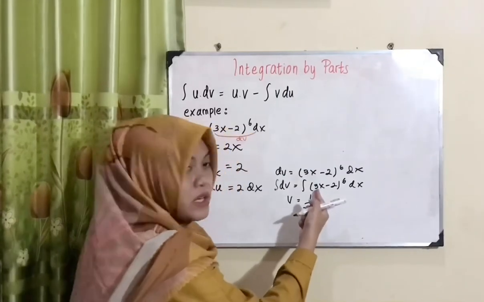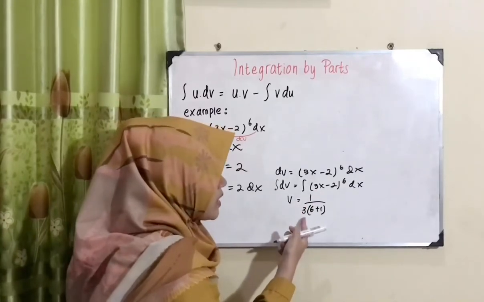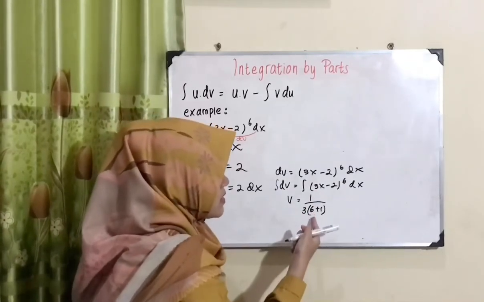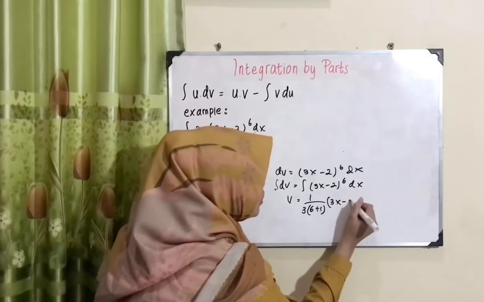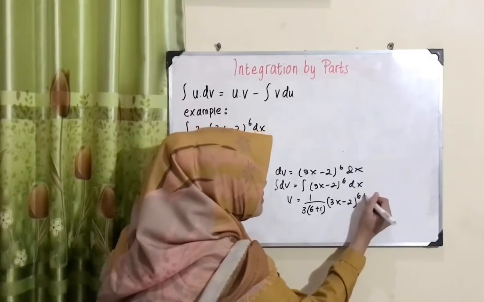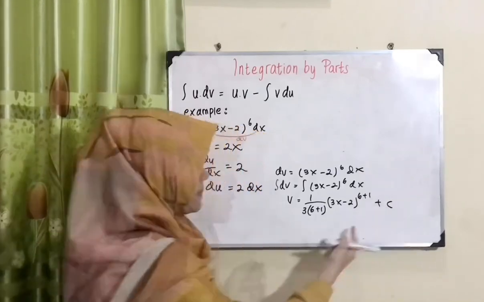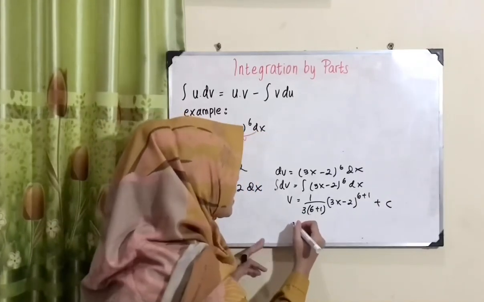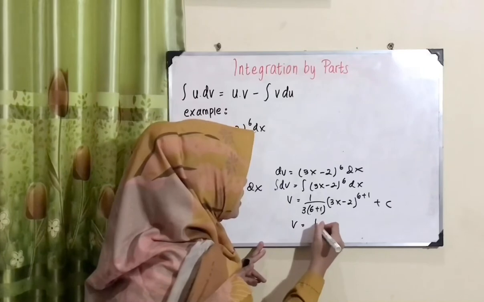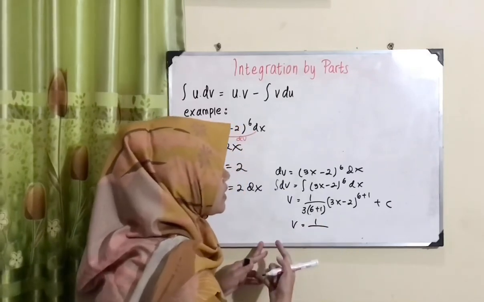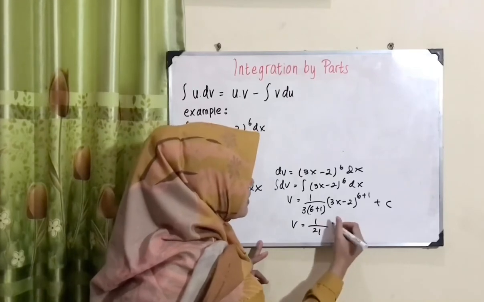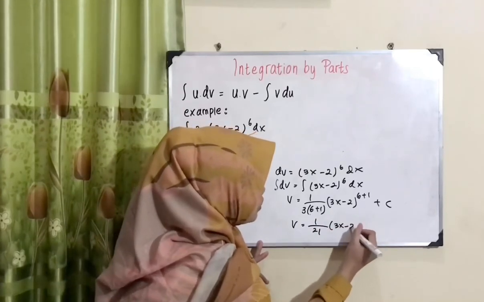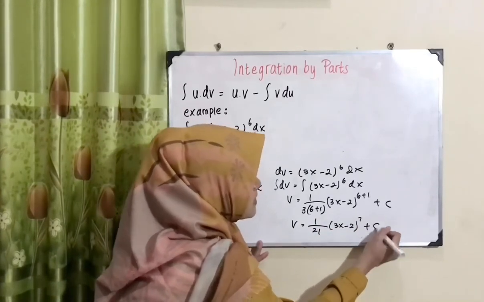This coefficient is 3, you can write it here, and then n is 6 plus 1, times (3x minus 2) to the power of 6 plus 1 plus c. Okay, we can write v is equal to 1 over 9 plus 1 is 7 times 3, 21, and then times (3x minus 2) to the power of 7 plus c.